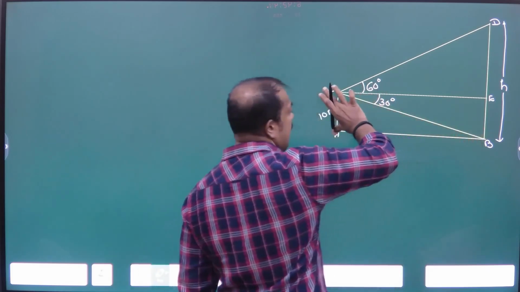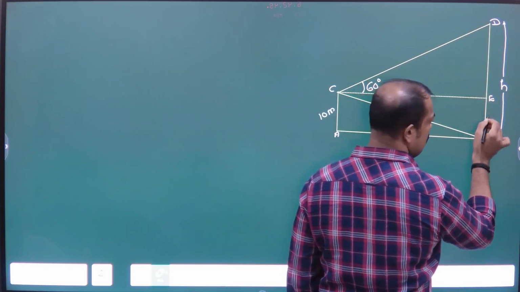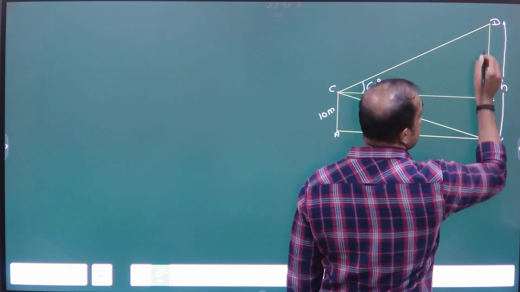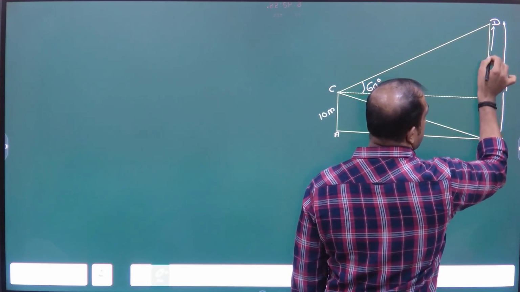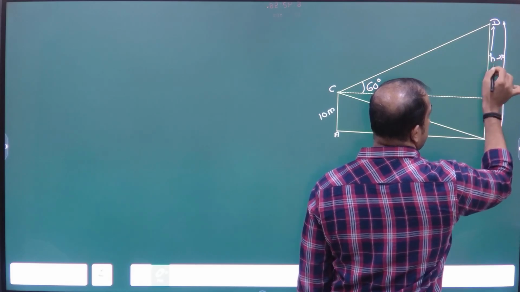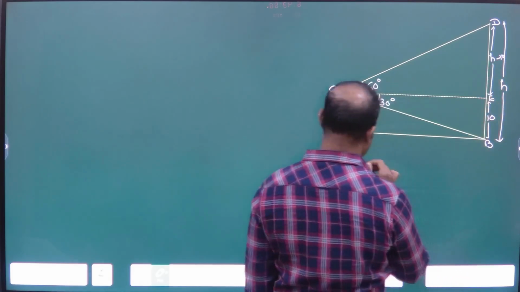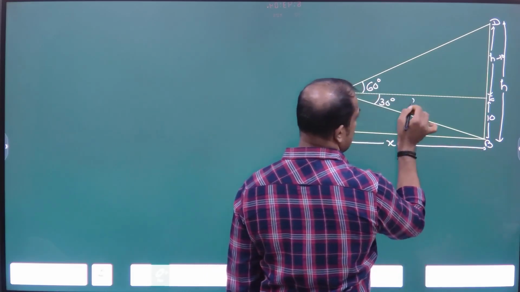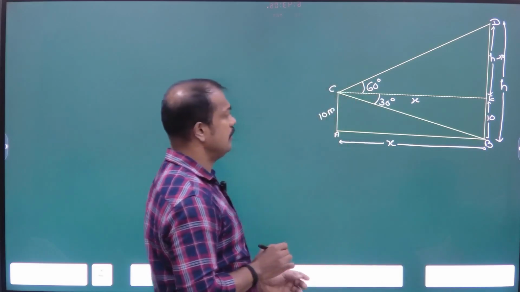If AC is 10, then what will BE be? What is the value of DE? H minus 10. Let this be x, so this is also x.